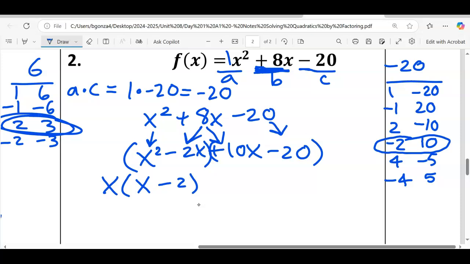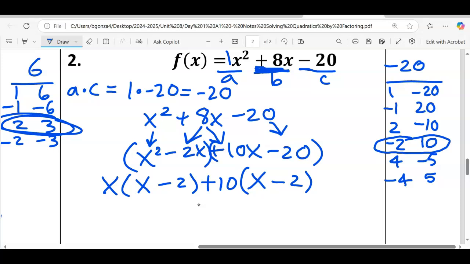Try 10, and it is. 10 goes into itself, 10 goes into negative 20. So let's divide both by a positive 10. They don't have an x in common, so let's just divide by 10. If you divide 10x by 10, you just have x. Then negative 20 divided by 10 is negative 2.